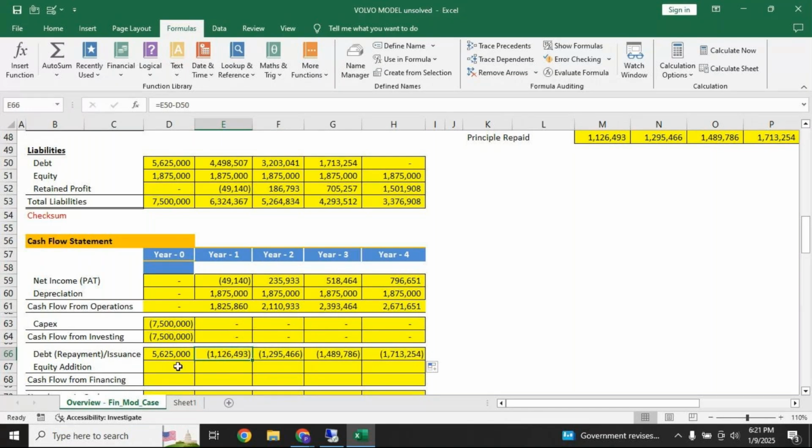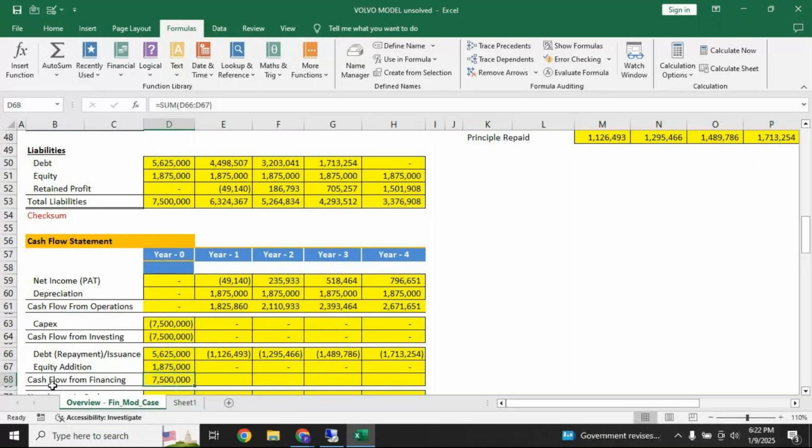Then equity, minus previous year value. Equity addition. Cash flow from financing will be the sum of D66 and D67.